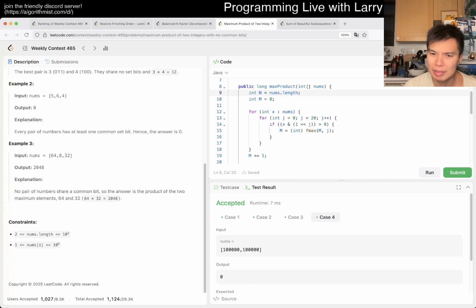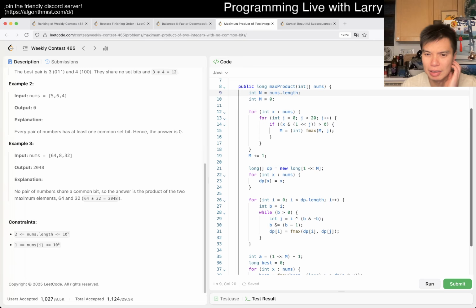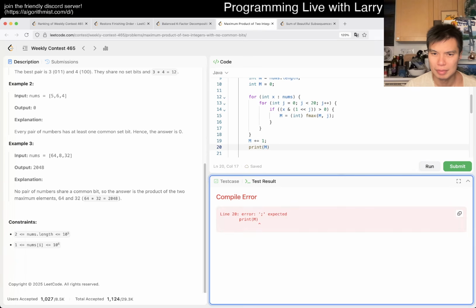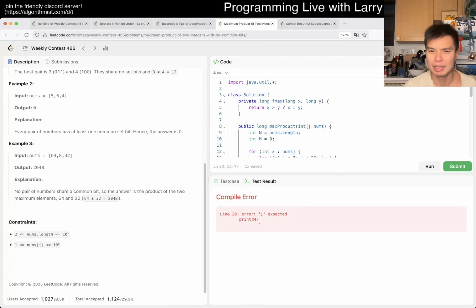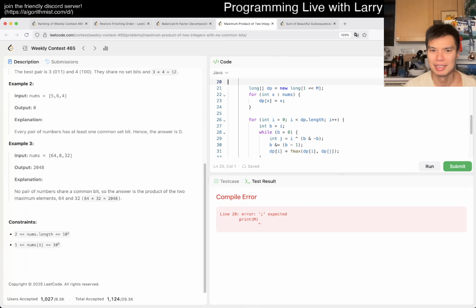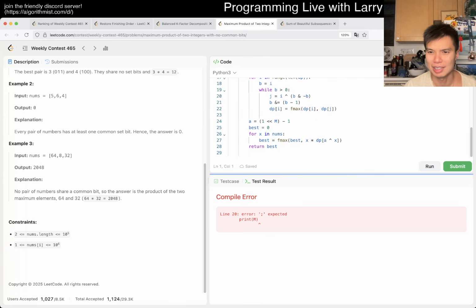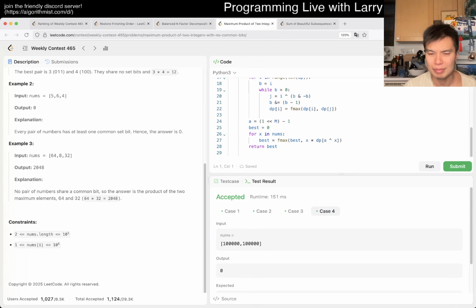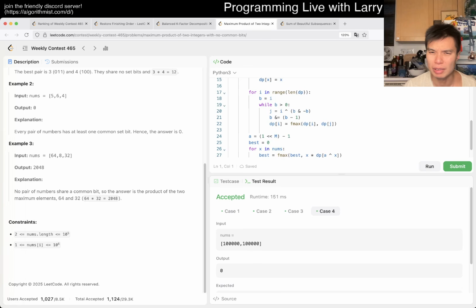Why was my last thing so slow then, if I did it the other way? Huh. Did I mess up? Oh, this is my Java code. Oh, that's why it's so fast, because it's in Java. I thought it would be slower, to be honest.